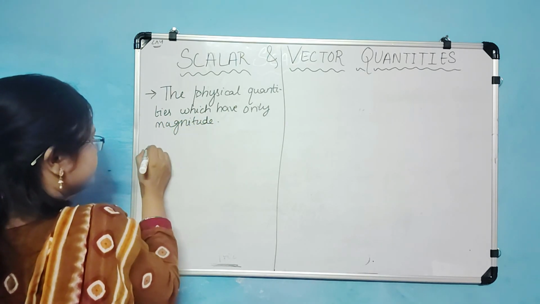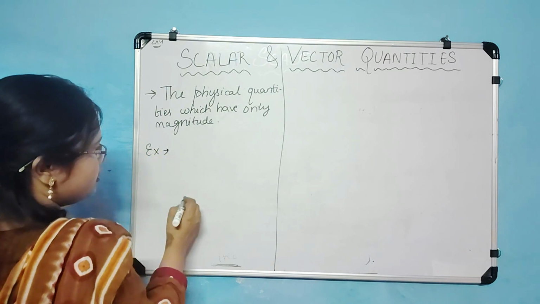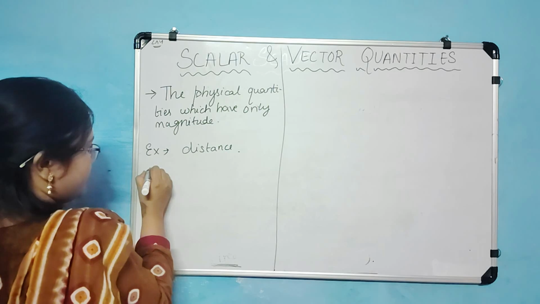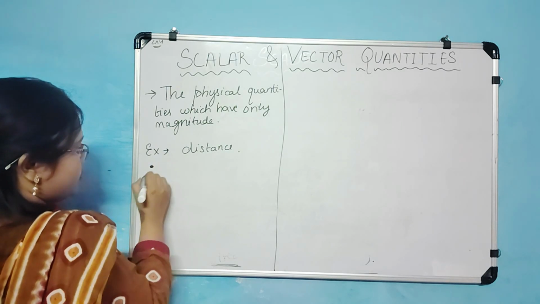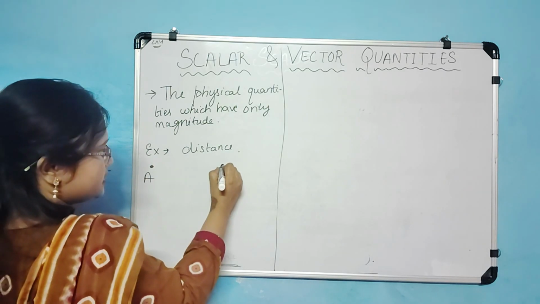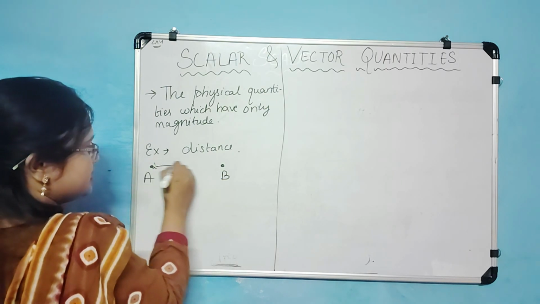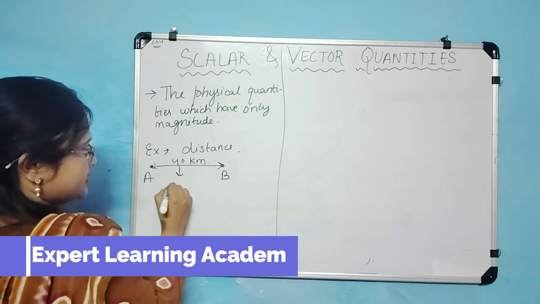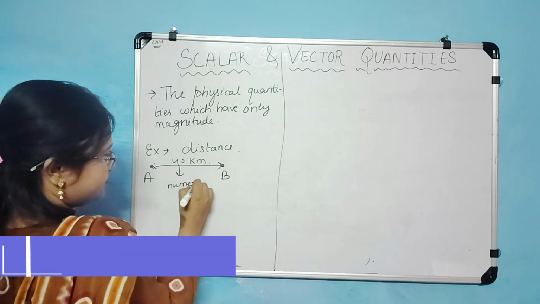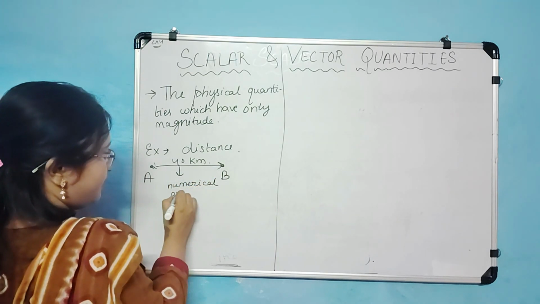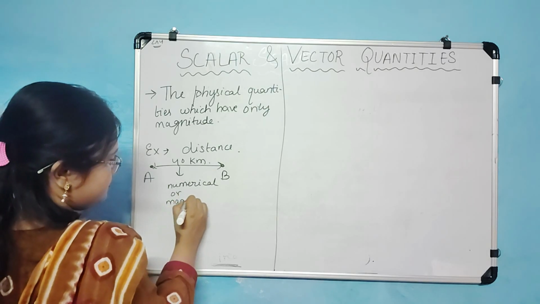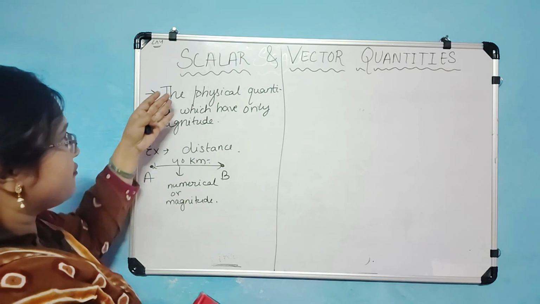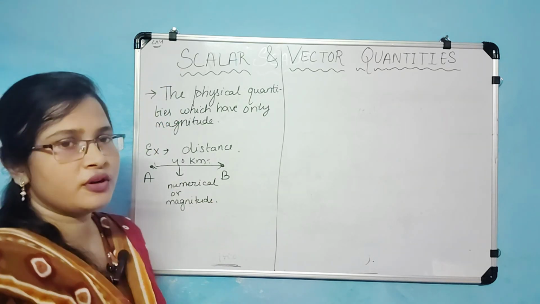For example, let's see distance. A person moves from point A to point B. He is covering a distance of 40 kilometer. Here, 40 is the numerical value or magnitude, followed by a unit.